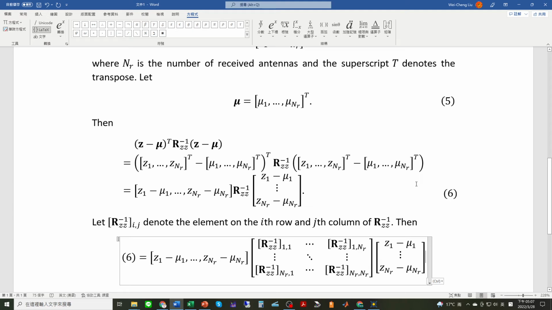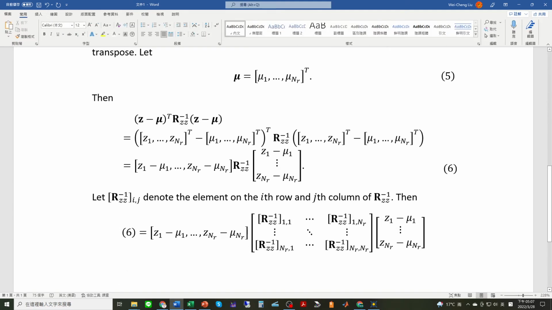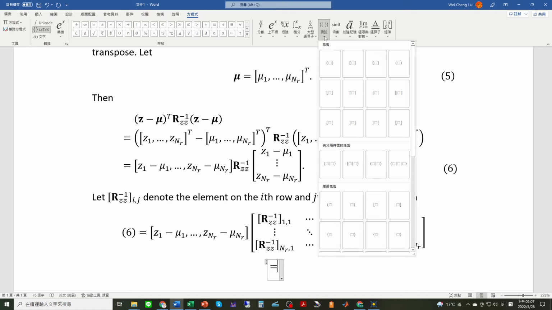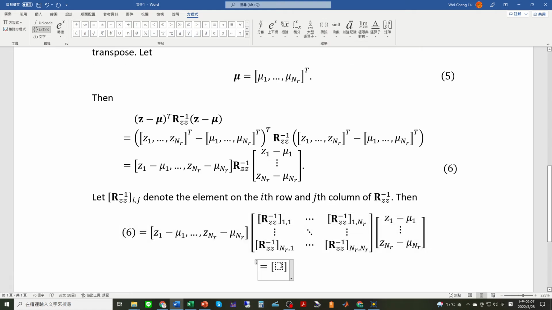Okay, like this. And this is equal to, okay, we multiply this vector and this matrix first. So after the multiplication, we will get this vector.